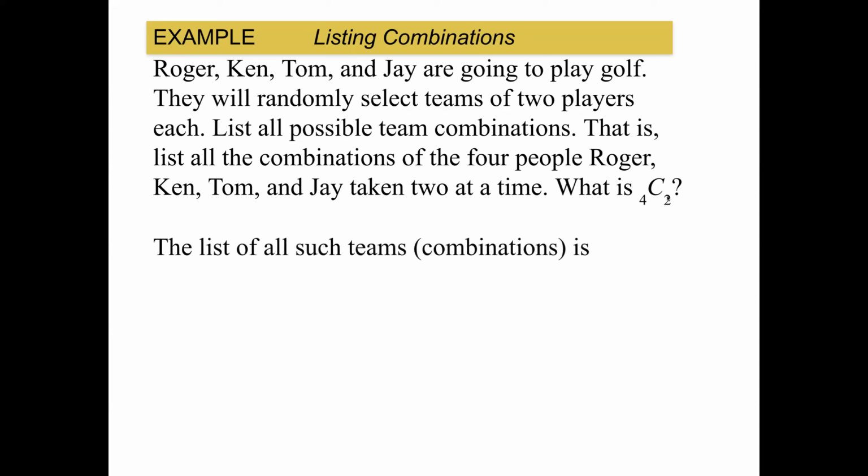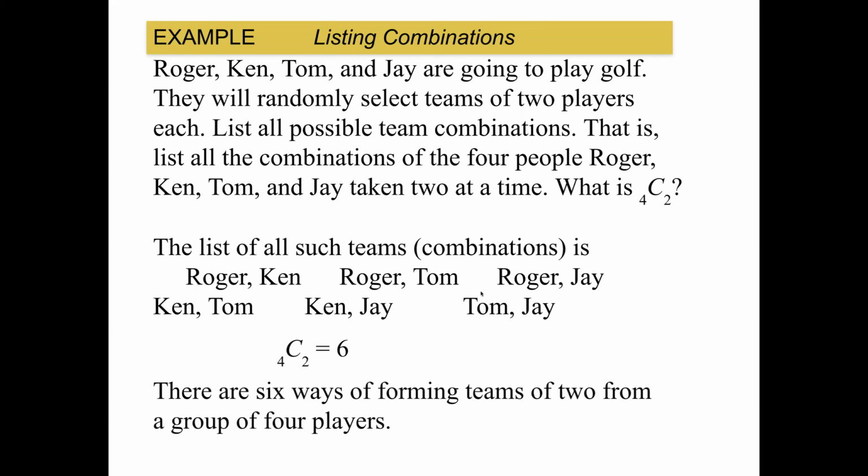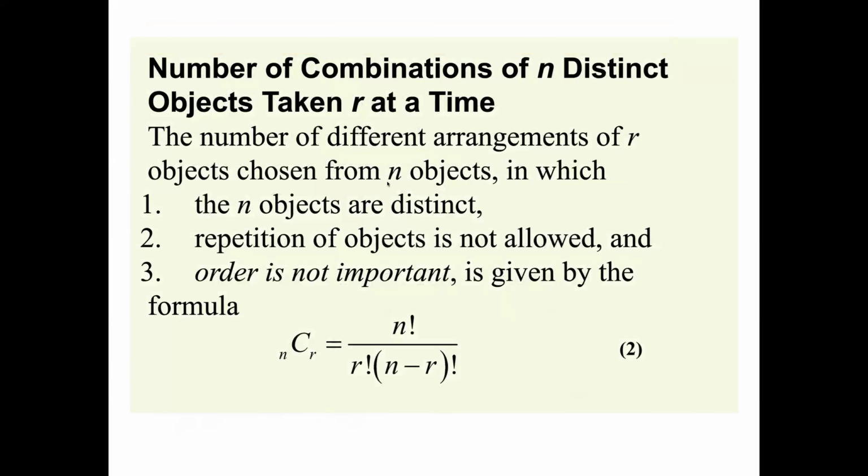That's what combinations is. For this small a sample, we could just do brute force and lay them all out. It's Roger Ken, Roger Tom, Roger J, and we just see there's six. So the total number of combinations possible is six. We just did that by brute force, just by listing them. But how do we calculate the combinations?